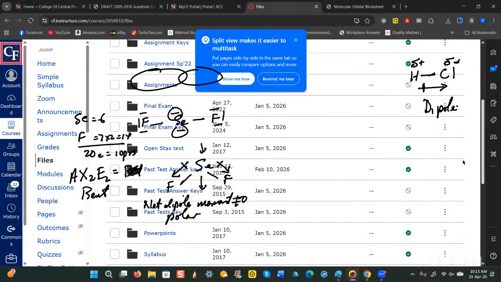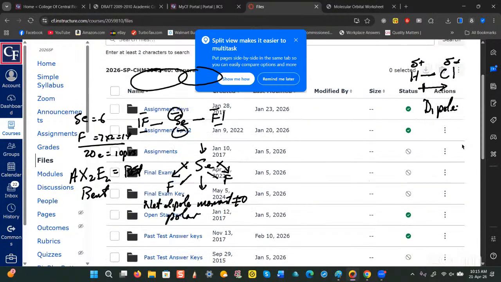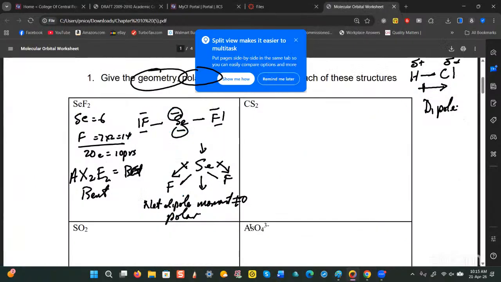Okay, it's not here. But I can upload it, and I'll provide it during your test, so you can determine what the shape of the molecule is based on the electron arrangement around the central atom. Okay, any other questions about this? All right, so let's see if you can do the next one, carbon disulfide.